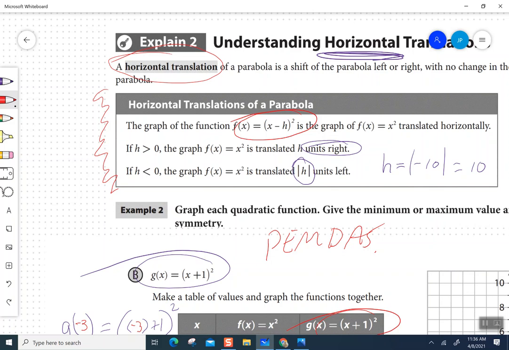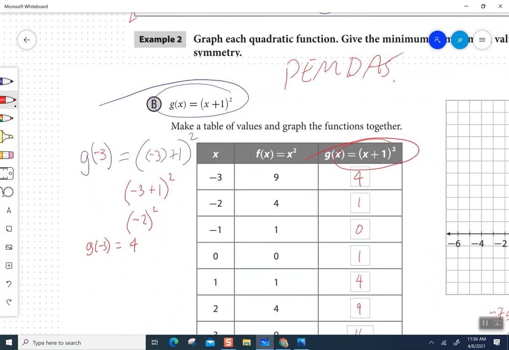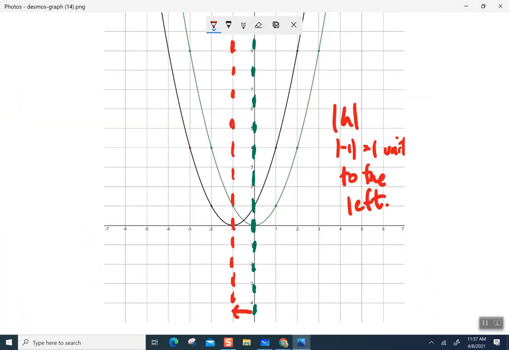That has to be there in order for it to work right. So if I'm in this parentheses with a negative h, then the only other thing I could have plugged in to get a positive 1 would have been a -1. That's why it moved to the left.